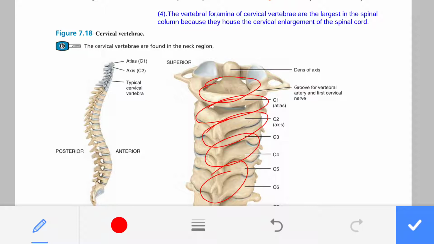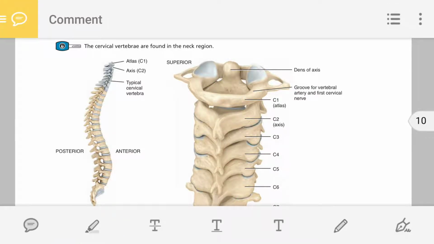That is the meaning of why the vertebral foramina are larger in the cervical vertebrae. With this we have completed the fourth point of our discussion.